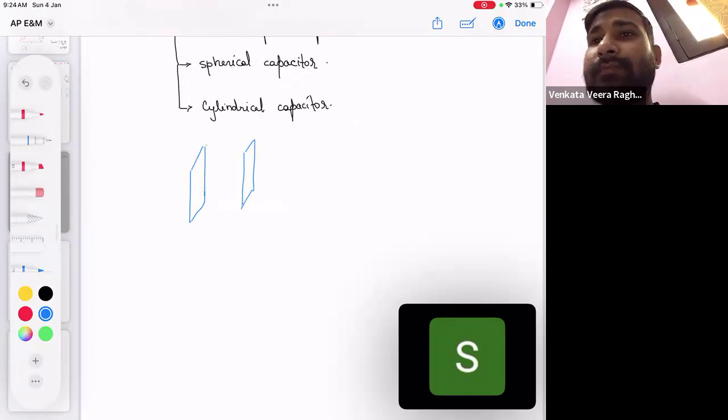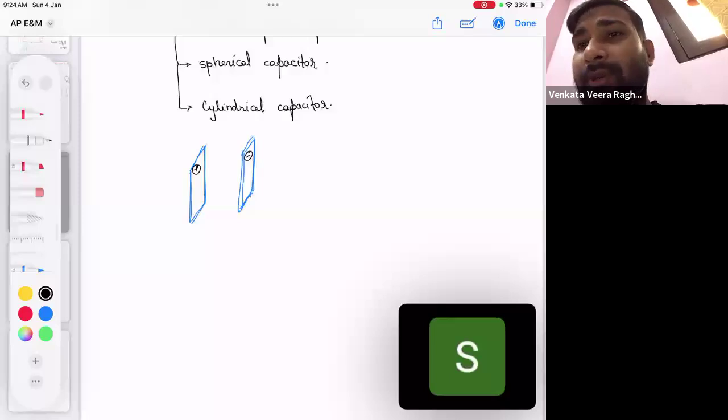If you give charge to these two plates, what will happen? If you give some positive charge to this one and negative charge to this one, a potential difference will develop between them.